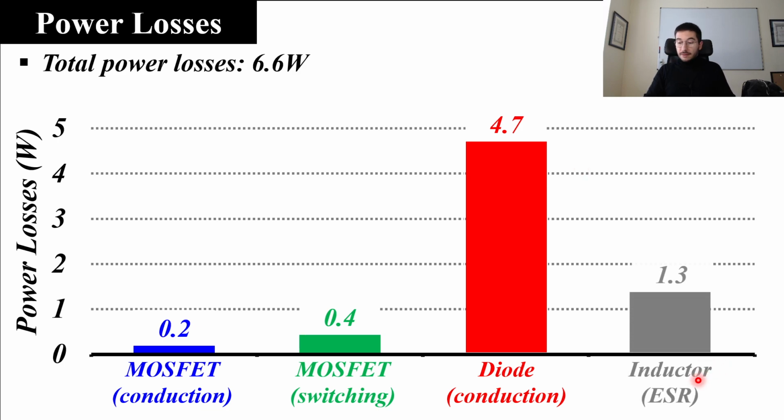And finally, we have the inductor, whose contribution is 1.3. It's true that we don't have a video analyzing this, but this is because this analysis is very straightforward, taking into account the methods that we have introduced in previous videos.